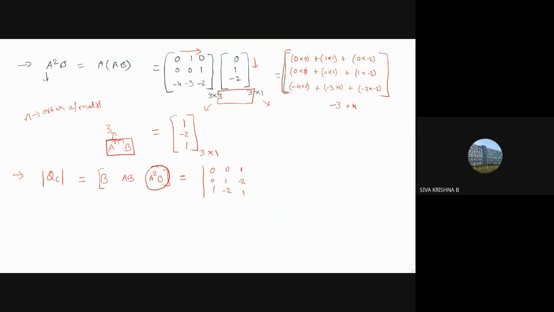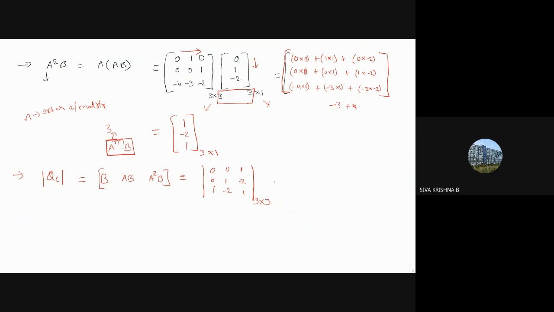The order is 3 by 3, so 3 - 1 is 2. So we write only up to 2. So this is B, this is A into B and this is A square into B. Now we will find the determinant of this one. I think you are already aware of how to find these determinants, right?